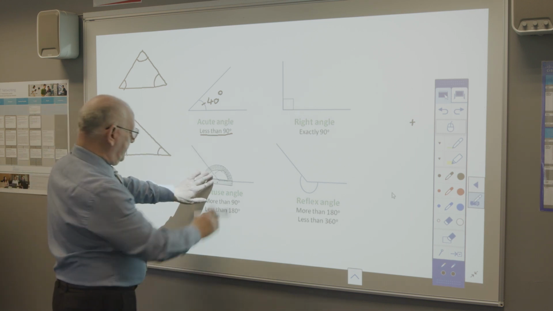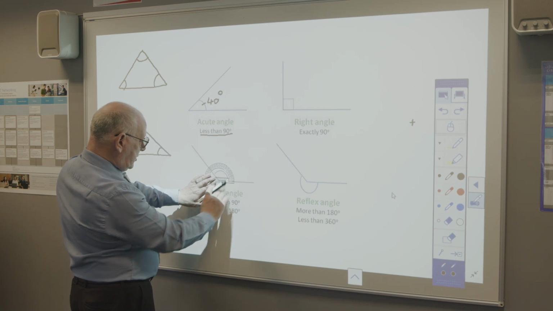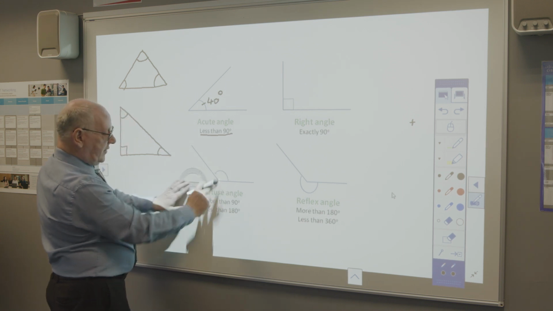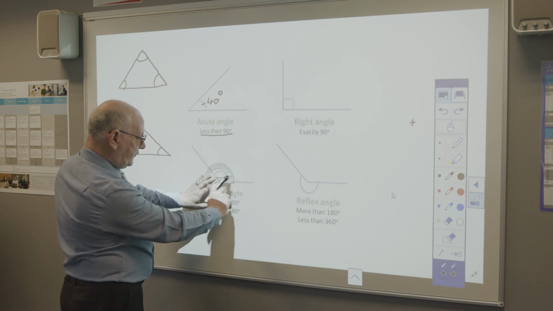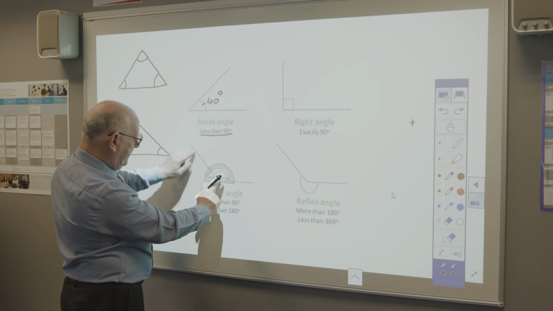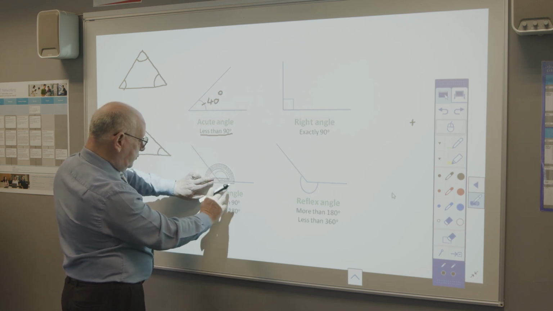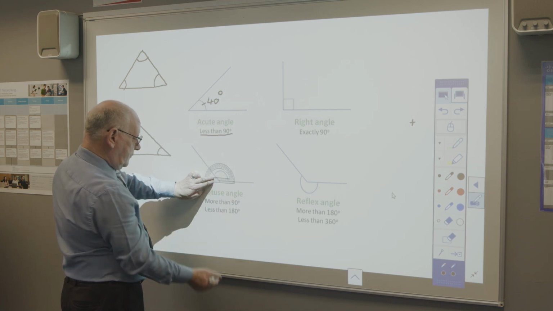Similarly, target goes on the corner of the angle. The straight line on the protractor follows the straight line there, and you're reading off up here. Now again, we've got the two scales.